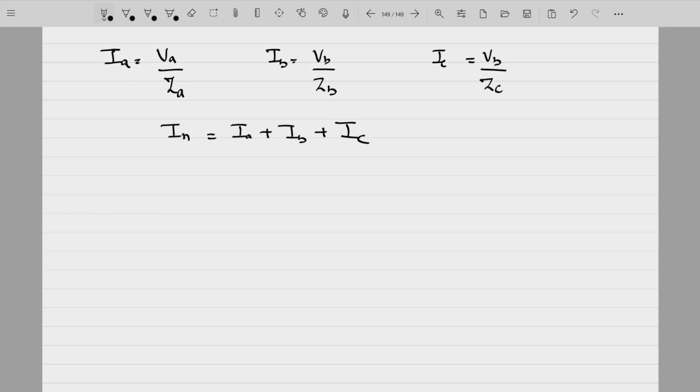Now, since we have assumed that our system is balanced, the magnitudes of VA, VB, and VC are same, and we are also assuming that ZA, ZB, and ZC are same. So whatever amount of current is going into this particular branch will be equal to IN. And algebraically, you'll find out that this current will be equal to 0. This condition has to be met. That is, the neutral current has to be equal to 0 for a balanced system.